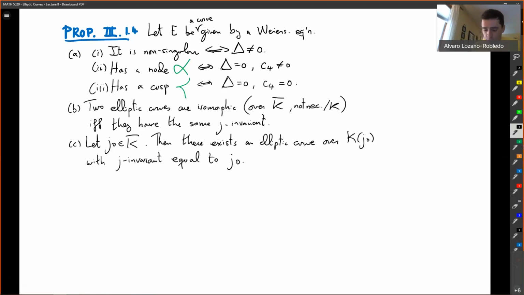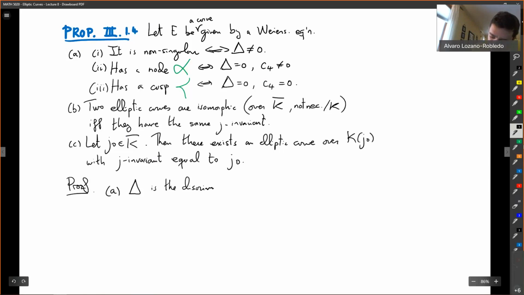Okay, so let me give some indication of how you prove these things. For part A, delta, remember, is the discriminant of the equation written in the form y squared equals f of x.